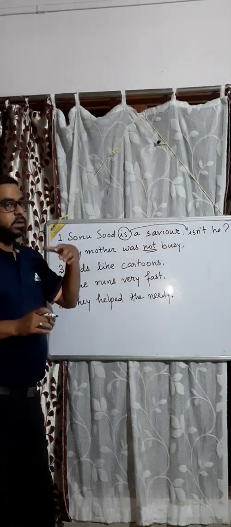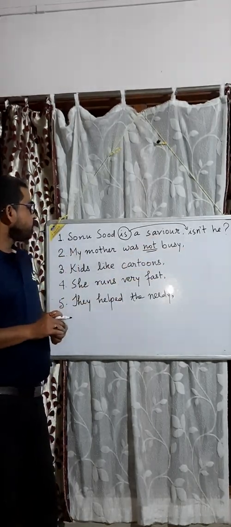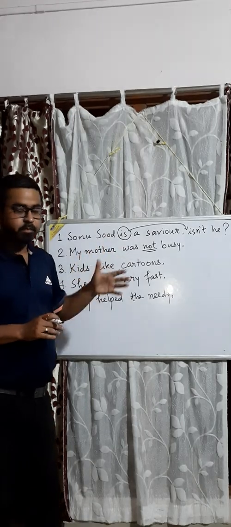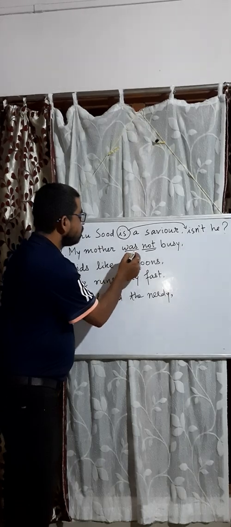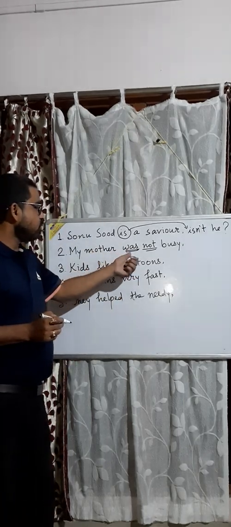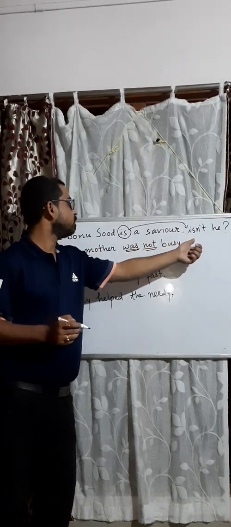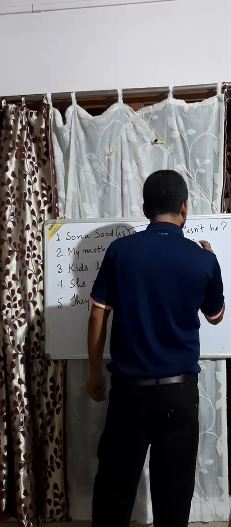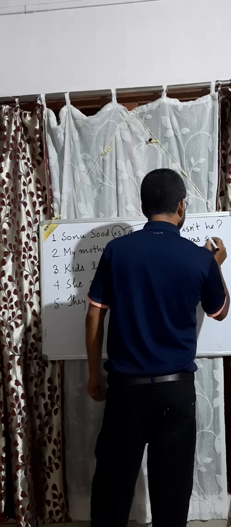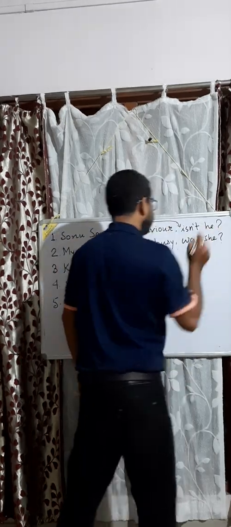Okay. Step number two, what we have to do is that we will find the auxiliary verb. So here the auxiliary verb is was. So since we already know that this is going to be a positive tag, we don't have to use not. It will be was, she.